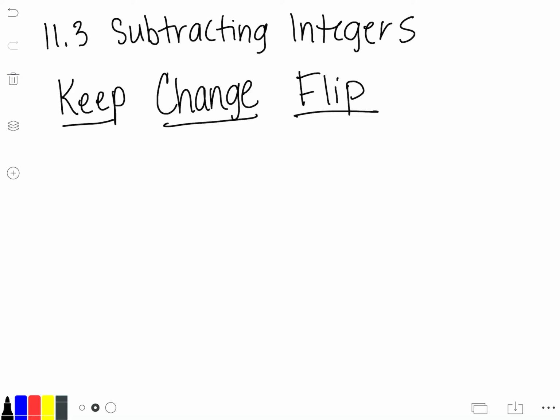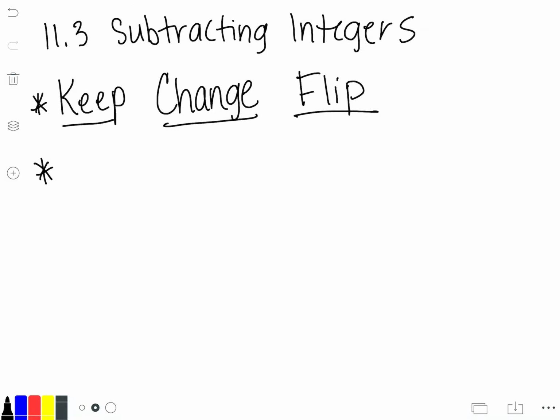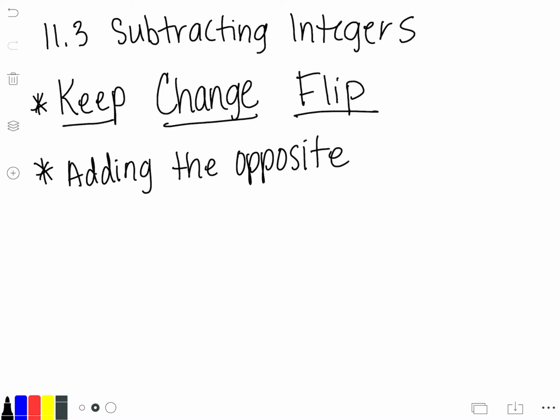So keep, change, flip, or you can think of it as adding the opposite. You might hear subtracting with integers described with that phrase as well, adding the opposite. So I just want to give you both phrases.